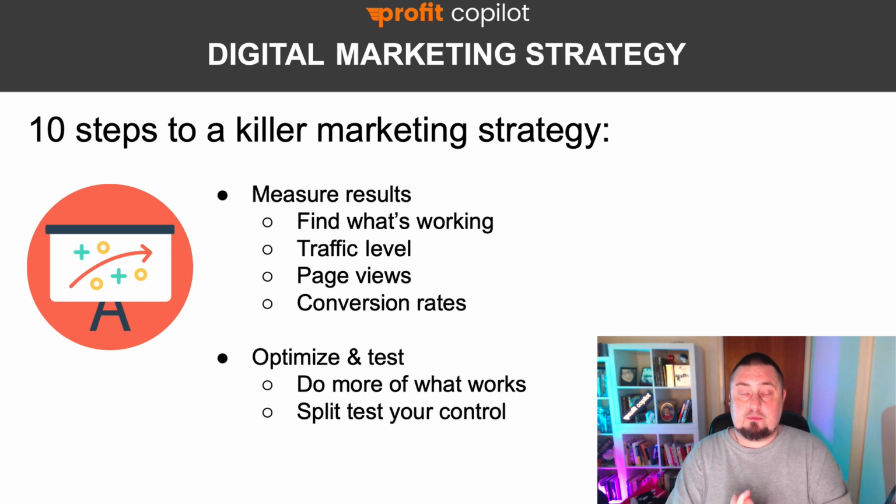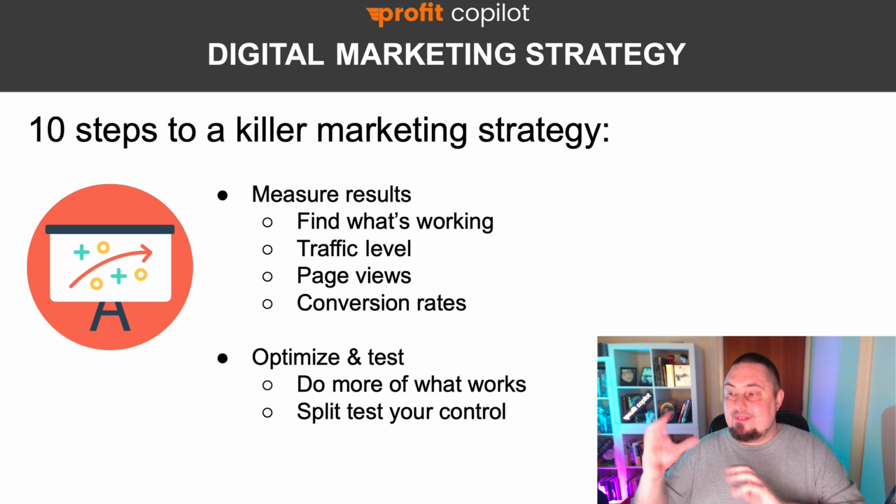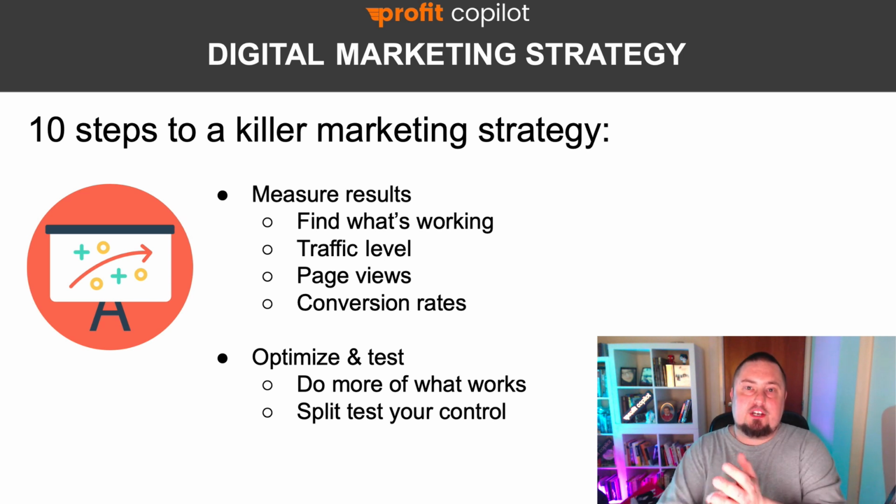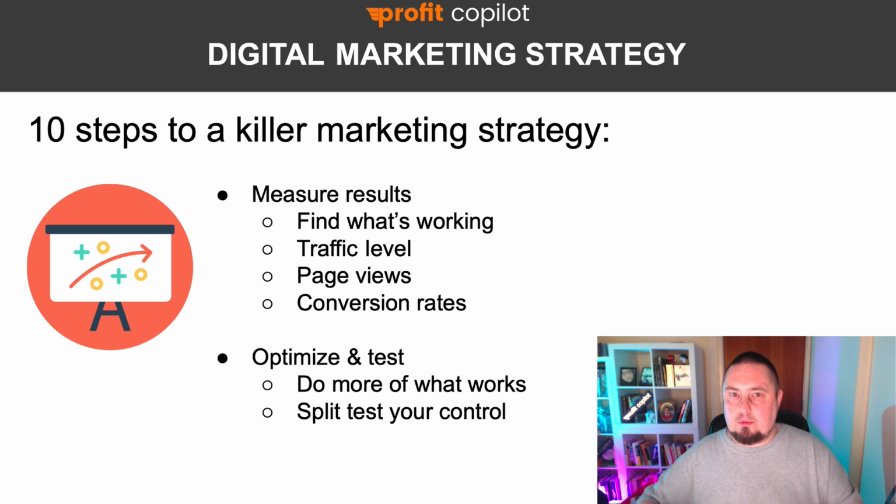So you test the subject line, you test the copy, you test the actual offers as well, and then you find out which ones are performing best, and then that becomes your control. And then you create another copy of that and you test that one. And you're always testing. Never stop testing. Never stop optimizing. Because that 1% conversion rate, that 1% boost in conversions is huge.